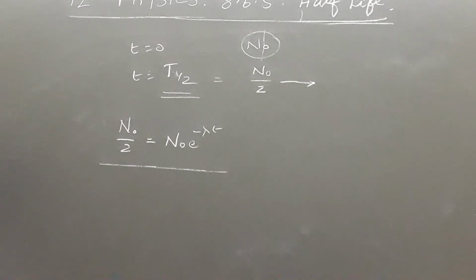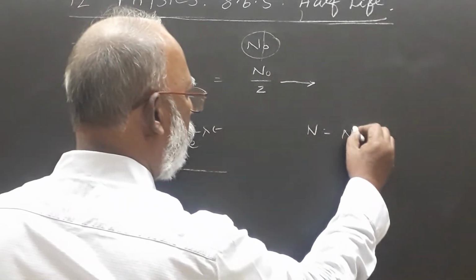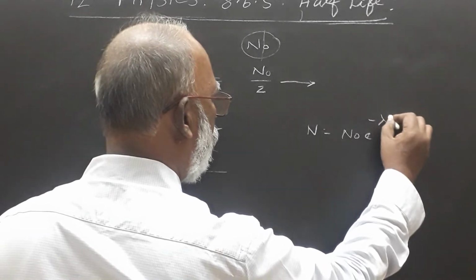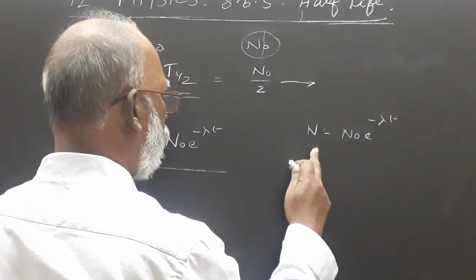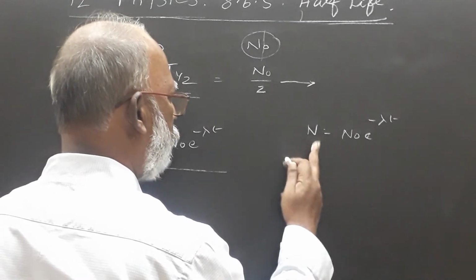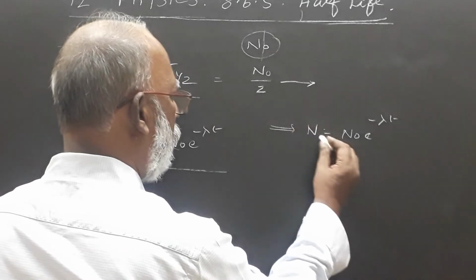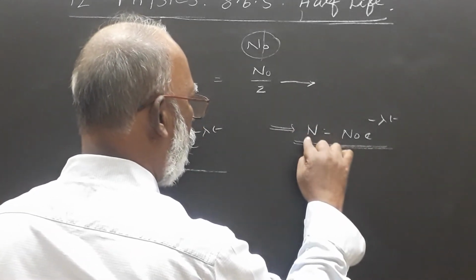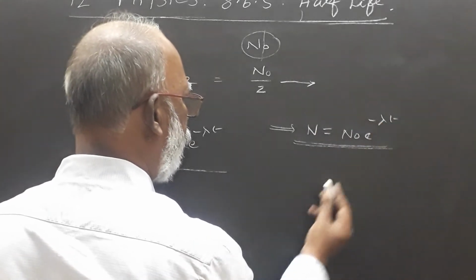We already derived an expression for N equal to N naught into e power minus lambda t. This is not available in your textbook, that's why you have to keenly observe these steps. Generally, this is called the radioactive law: N equal to N naught into e power minus lambda t.